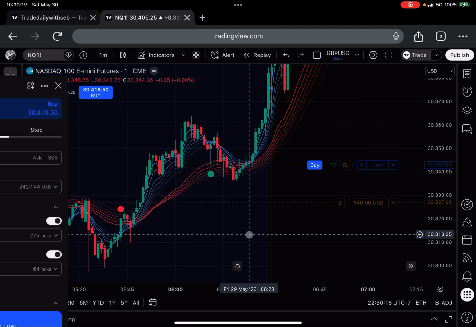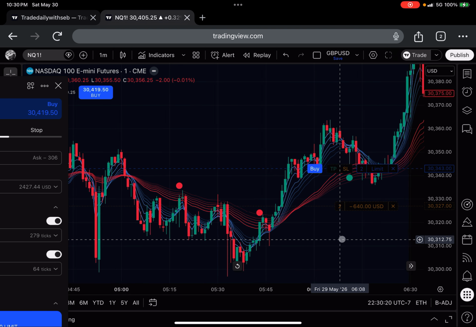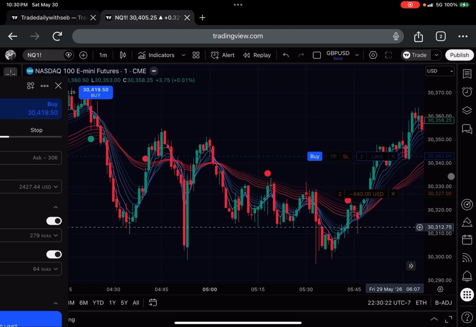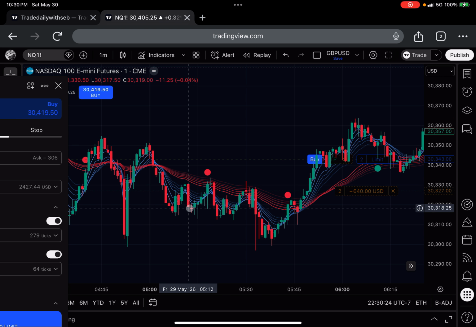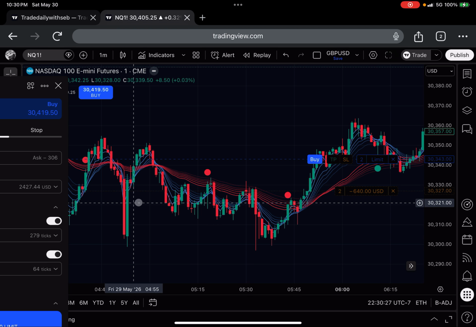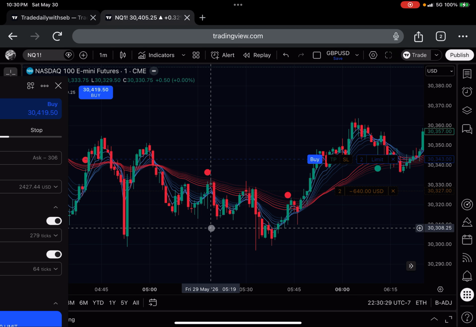That's what my logic is. I use the stop loss as kind of a support and resistance area, like a trend line, where the most resistance happened.